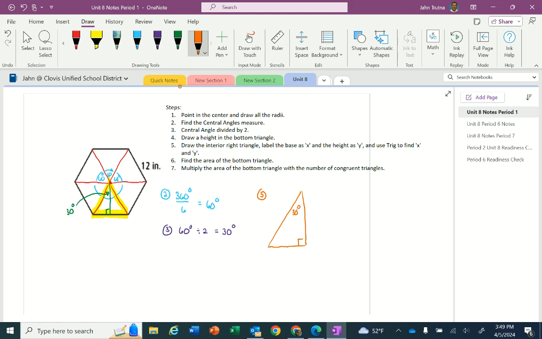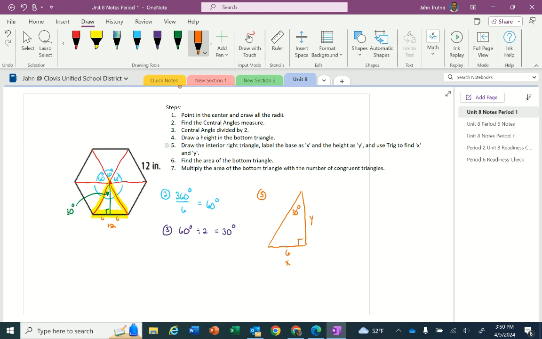The bottom of my bottom triangle is 12, which means I have 6 and 6, which means the bottom of my interior right triangle is 6. Okay? That's the first part. We don't have to label the base X. X is going to be right there, but it's already 6. So we already know what X is. Awesome. Okay, we're going to label the height as Y.